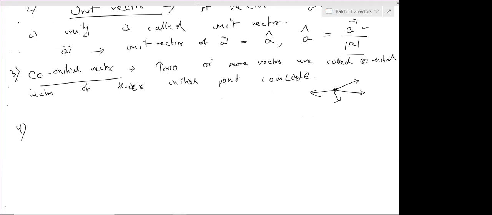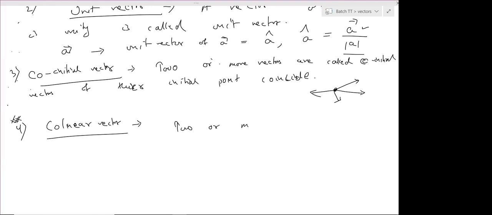Fourth one, collinear vector. This is also very important, collinear.